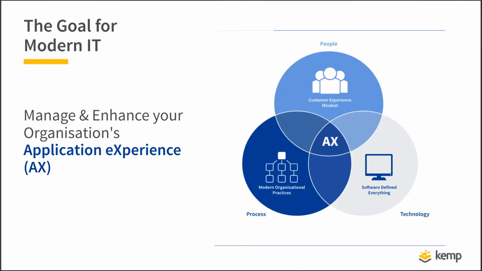So really, when we look at the goal for modern IT organizations looking to manage and enhance the application experience they're providing to their internal stakeholders, external customers, partners, and so on, everything comes down to that old combination of people, process, and technology.